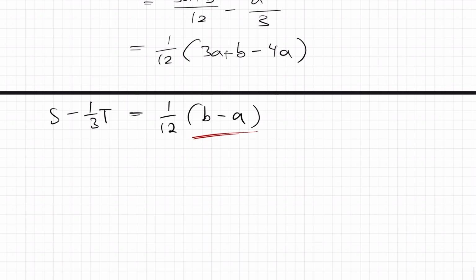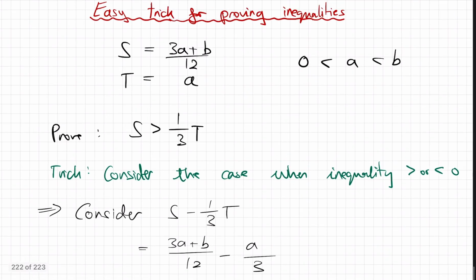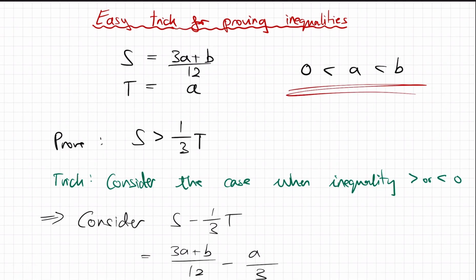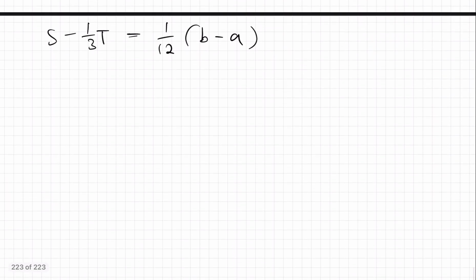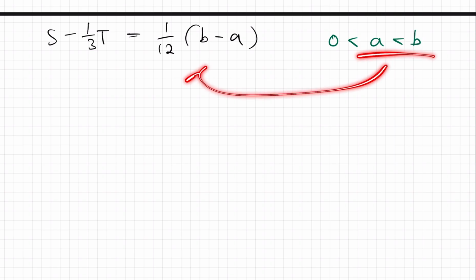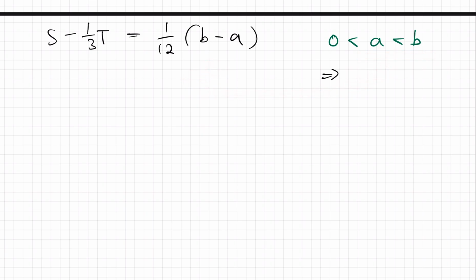So what I'm essentially saying is s minus 1/3 t is 1/12 times b minus a. And this is where the trick really comes in handy, because your initial inequalities are generally given in terms of 0, relative to 0. So if you see this inequality, I'll bring it down here: a is greater than 0, but b is greater than a. What we can use is the fact that b is greater than a, so therefore b minus a is greater than 0.